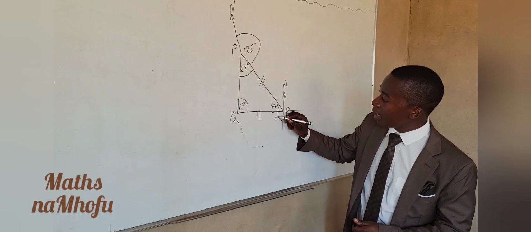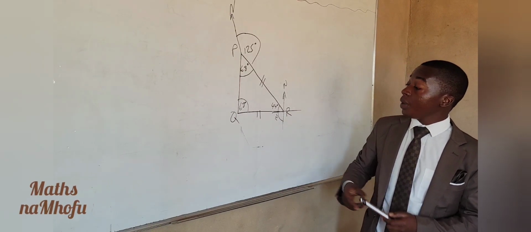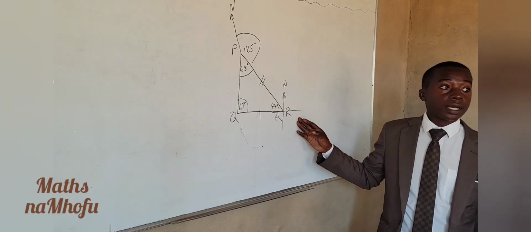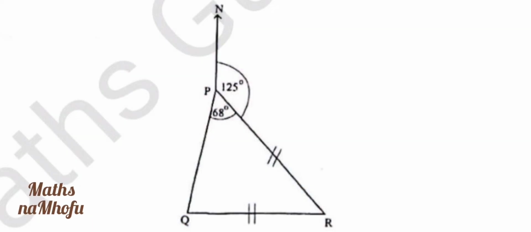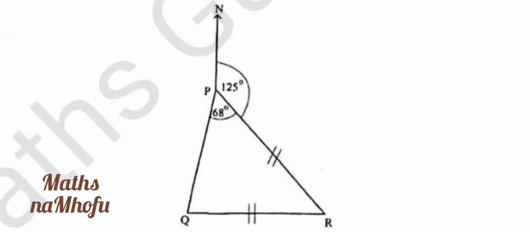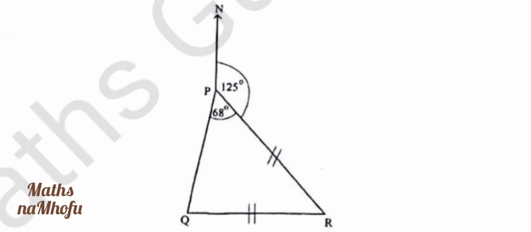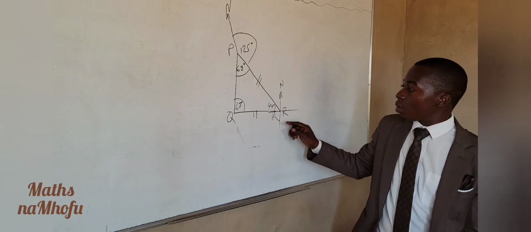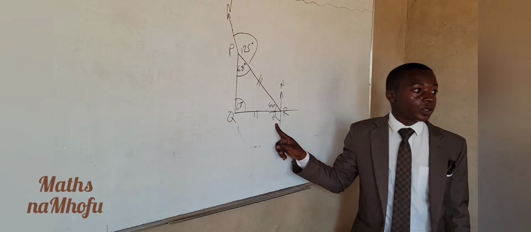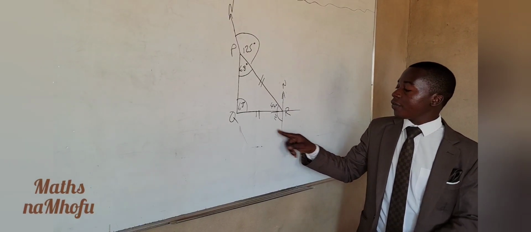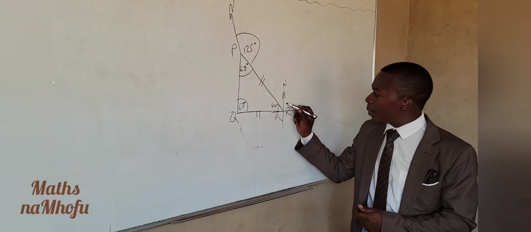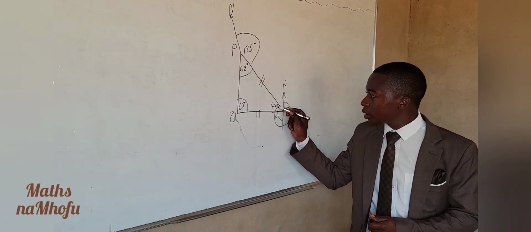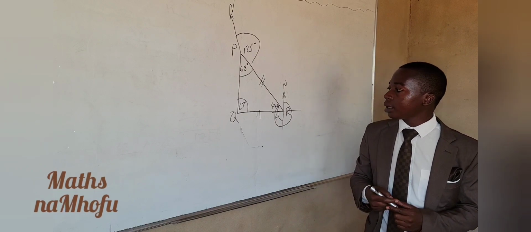So this is a 125. They said the bearing of P from R. Yes? So as I told you, using the concept of Z angles, this is 125 as well, right? Since this is 125, for us to get the bearing, remember, you start from the North Pole, from here to there.